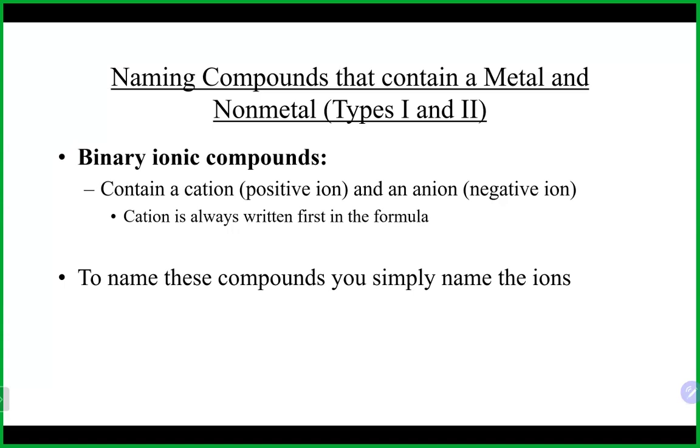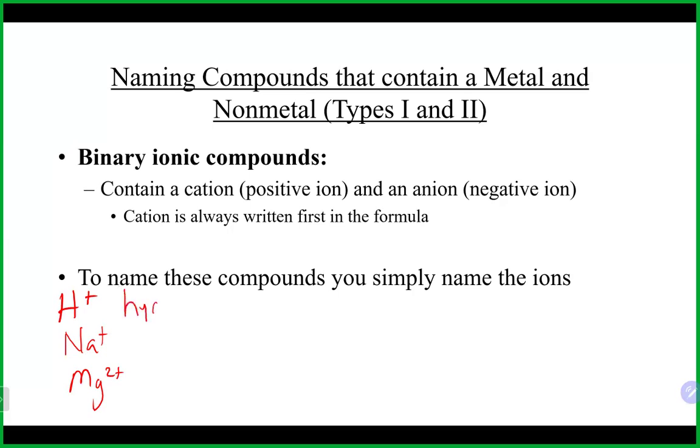Now, if you have just the ions by themselves, not in an ionic compound, but you have a formula for an ion like we saw a second ago, like for example, H plus or Na plus or Mg2 plus. And as we talked about, I think a little bit there at the end of chapter 4 as well, anything that's a positive ion, the way that we name these guys is essentially, in most cases, we just use the name of the metal, except for hydrogen, which is a nonmetal. We just use the name of hydrogen. And we just put ion at the end.